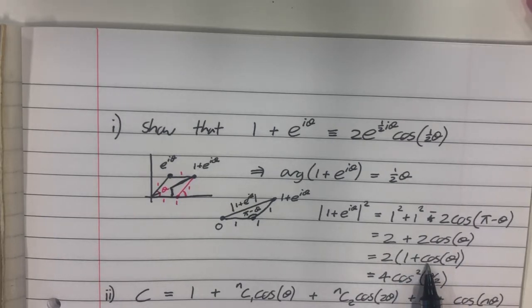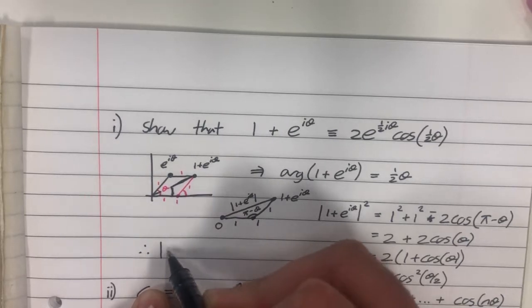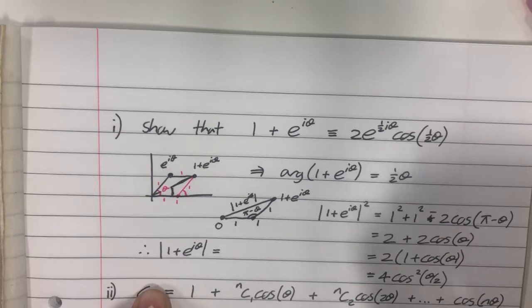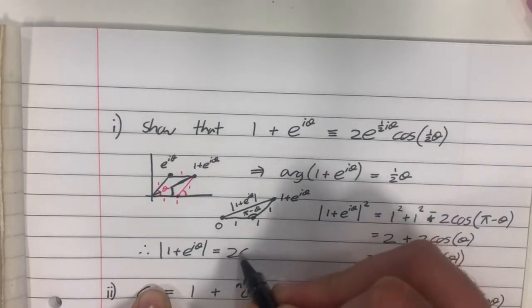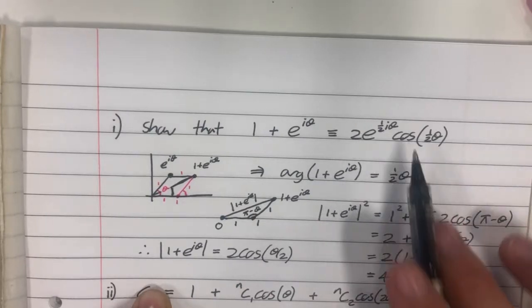This is now 2 cos squared of theta on 2. Combine that with the 2 at the front gives 4 cos squared theta on 2. Square root both sides, and we get that the modulus of 1 plus e to the i theta is equal to 2 cos of theta on 2, which is what we want.